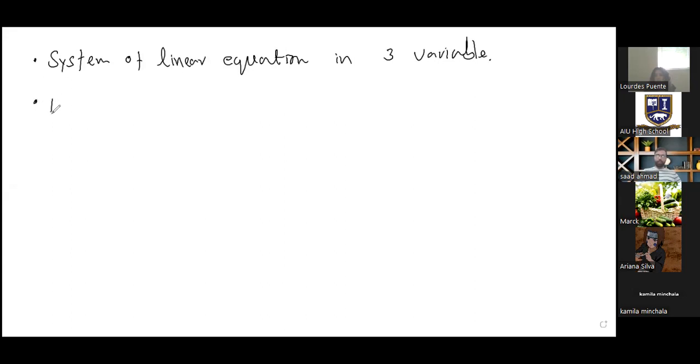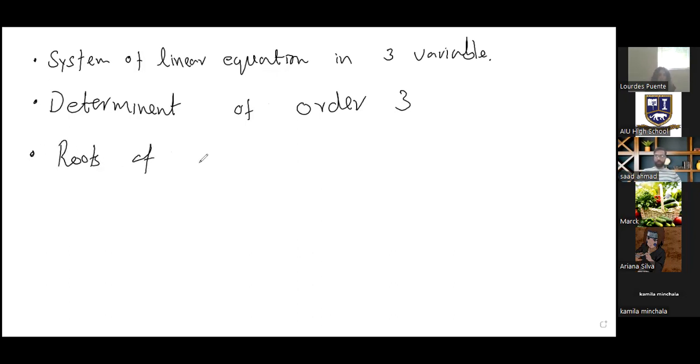The second one is determinants of order 3. Next one is the roots of polynomials. And the last one is the remainder theorem.